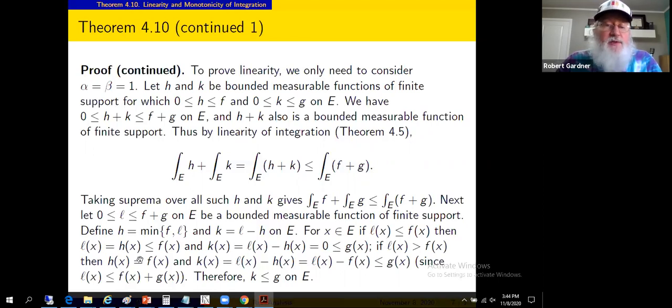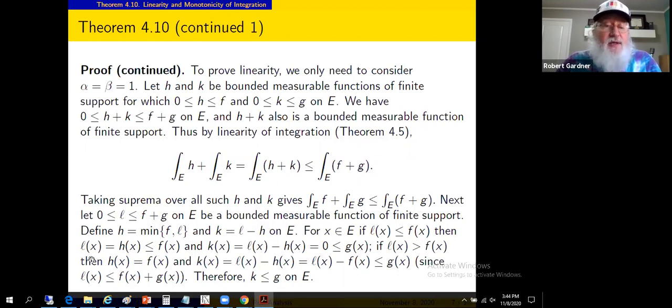So for such x values, L of x will equal h of x, because h of x is the minimum of f of x and L of x, and I know the smaller of the two is L of x. And L of x is less than or equal to f, so we can get this inequality established here. K of x, in this case, is L of x minus h of x.